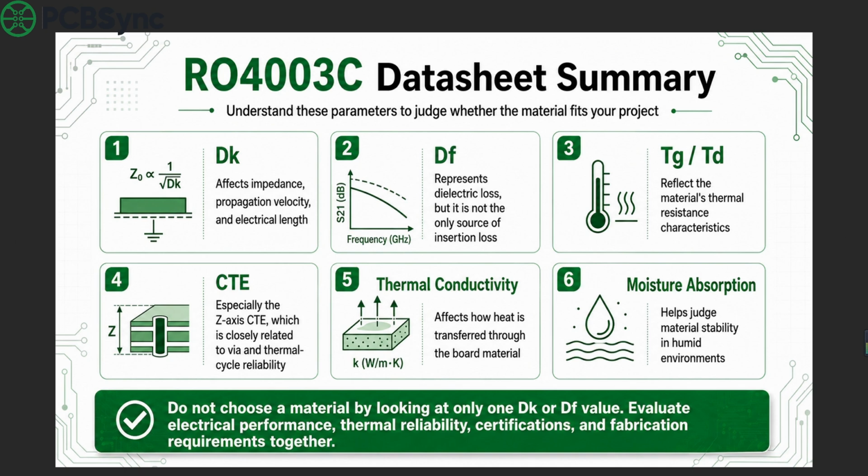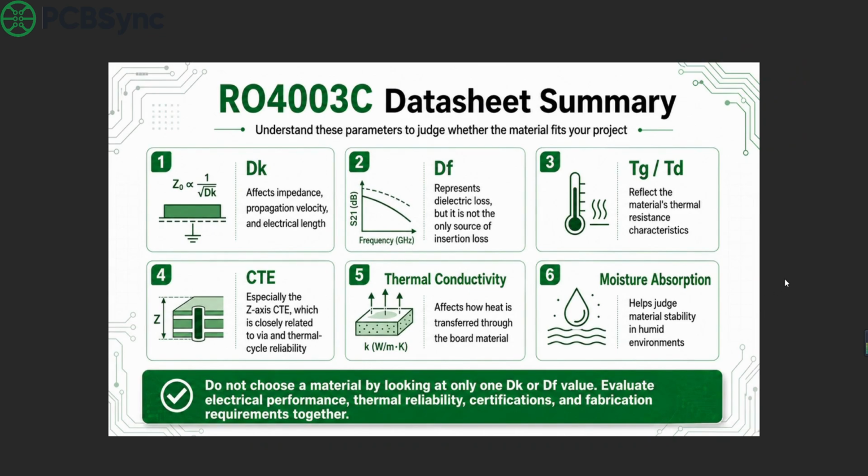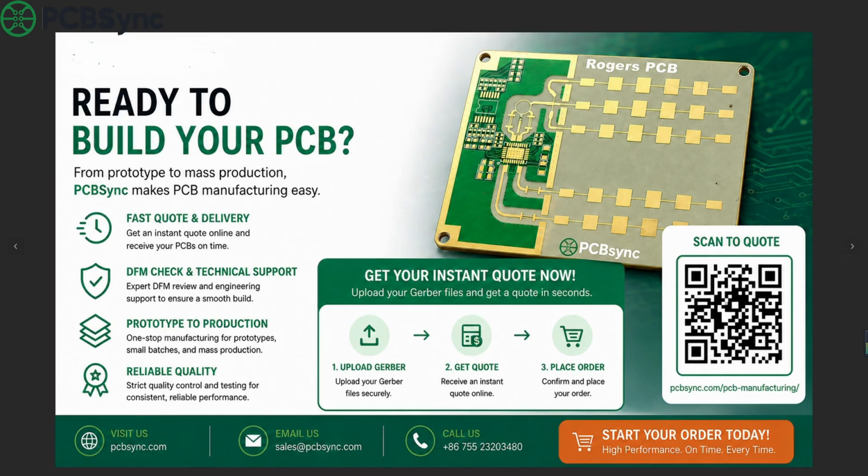Thermal conductivity affects the material's ability to transfer heat, while water absorption helps us assess the material's stability in humid environments. Once you understand these parameters, you won't just choose a substrate based on a single DK or DF value, but will instead make a comprehensive judgment from the perspectives of electrical performance, reliability certification, and processing requirements.